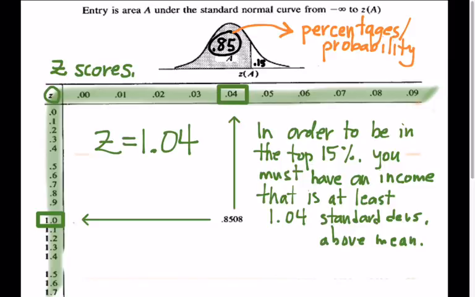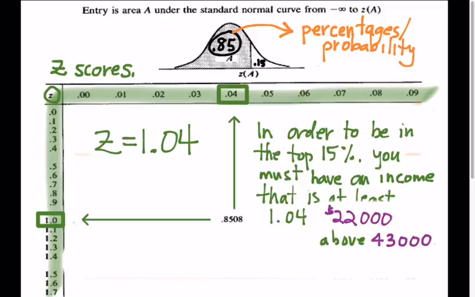Well, first of all, what is the mean in this problem? 43,000. So why don't we just replace the mean here with 43,000? Okay. And what is the standard deviation? So let's replace this standard deviation here with 22,000.